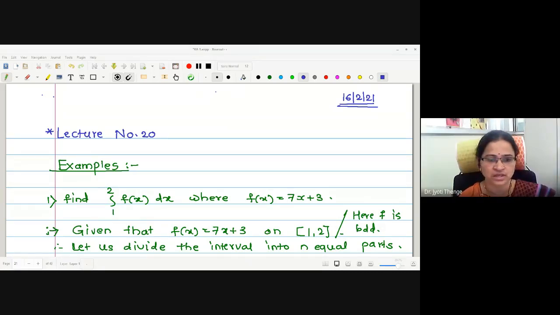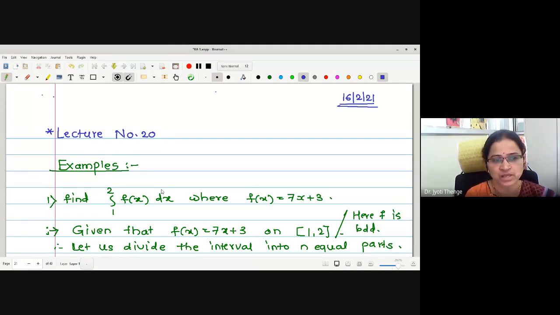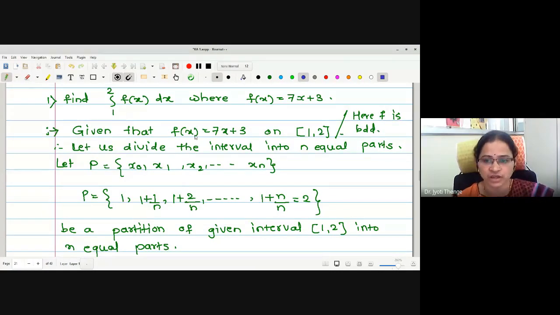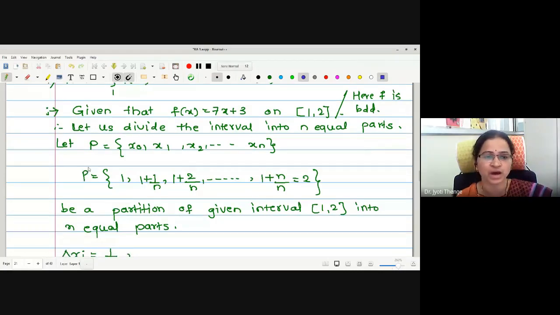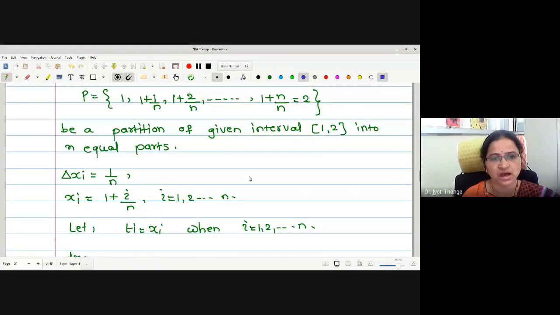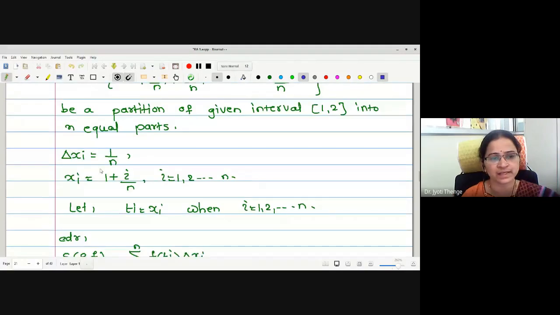In the last lecture, we have solved some examples of checking the integrability of the given function by the Riemann sum method. The method we have followed is, whatever is the given function f on the given interval, first we have made the partition of the given interval by dividing it into n equal parts. After this, we have noted the length of each subinterval.